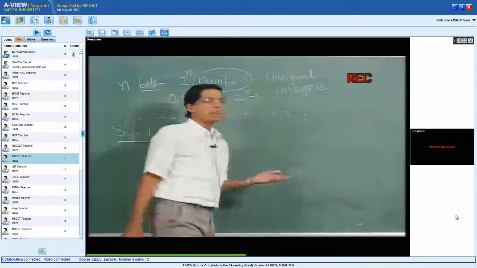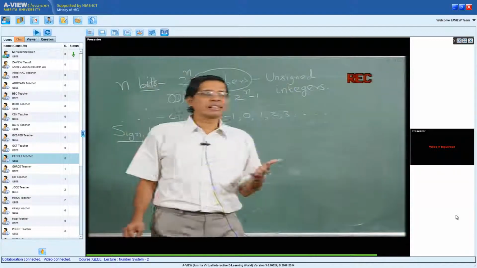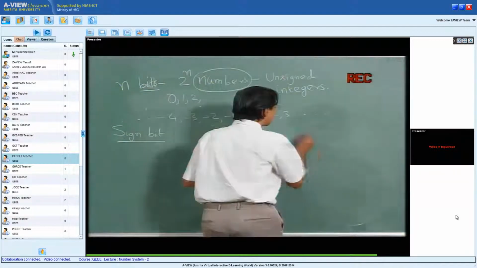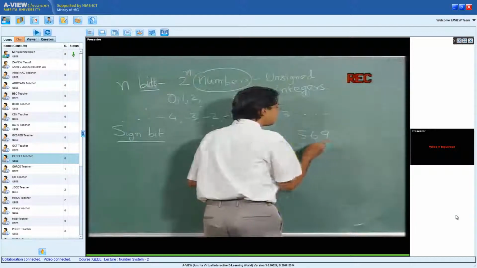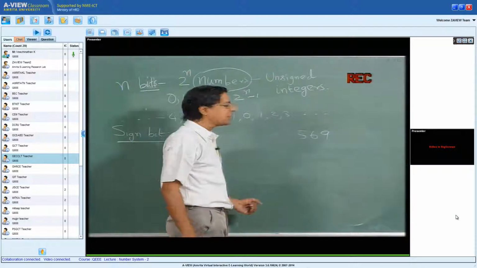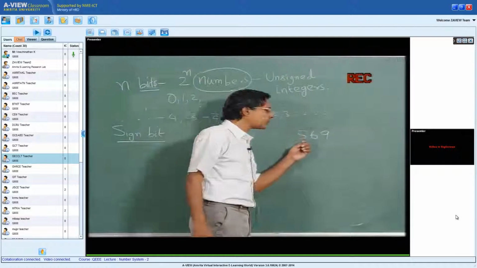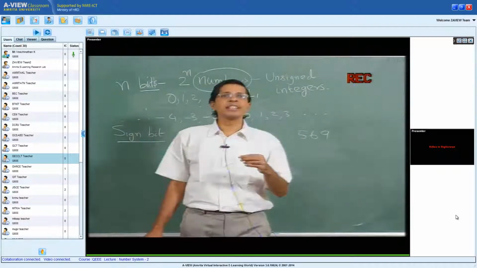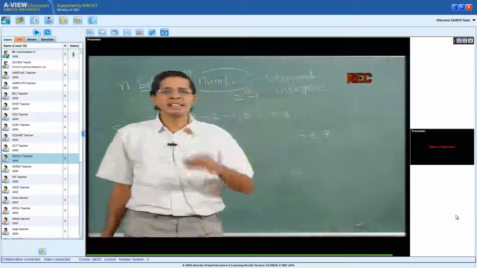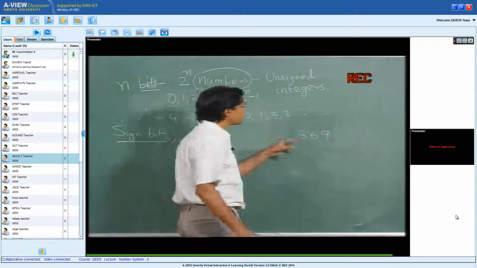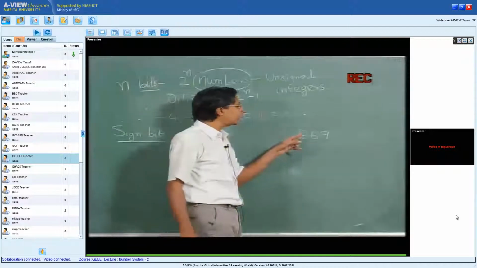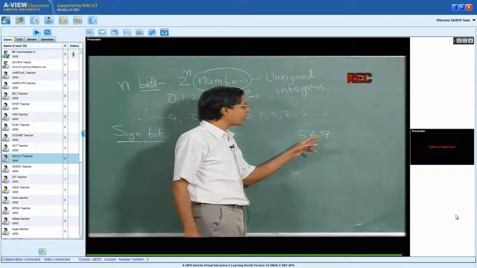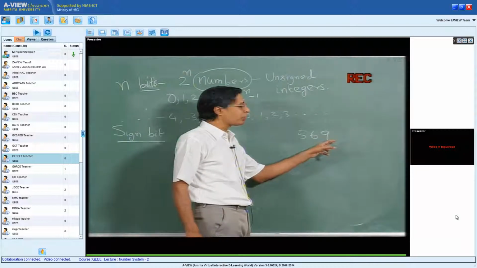I did mention in the previous class that in a positional representation, say 569, based on the position a different weight is associated with every digit. For example, 5 is associated with the power of 100, while 6 is associated with a power of 10, and 9 is associated with a power of 1.